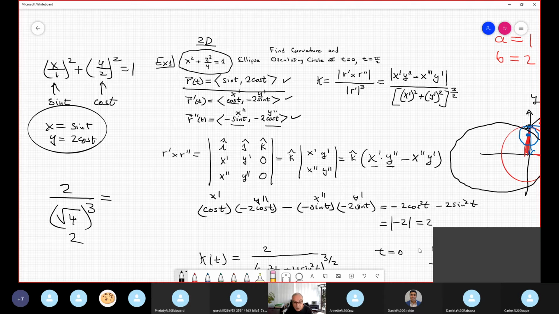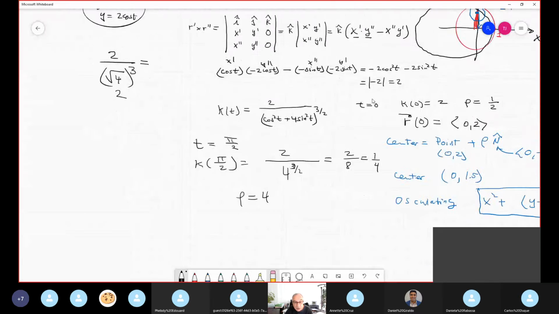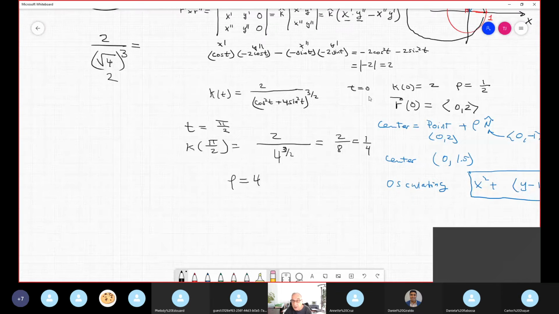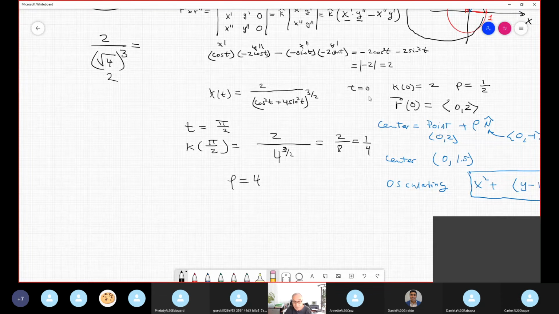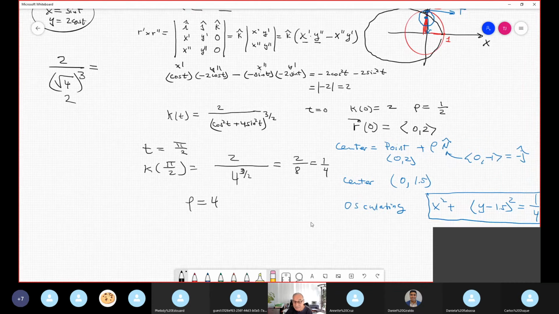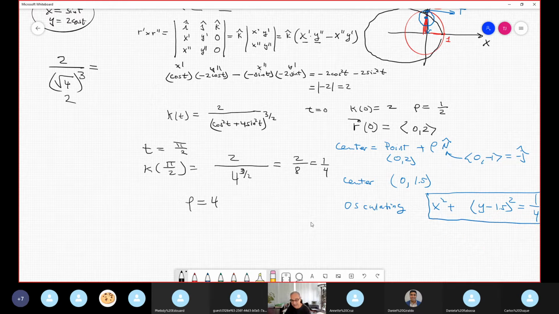Okay, so you discover a circle with radius 4, and the center is located at the point... What happened with the parameterization? Would your answer be the same? The answer is yes.